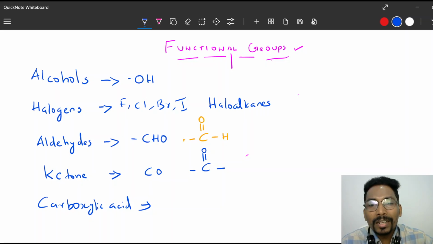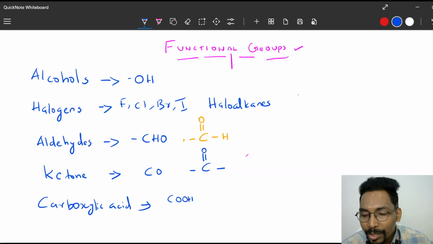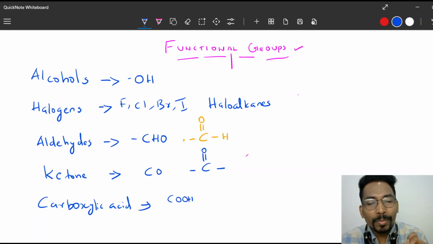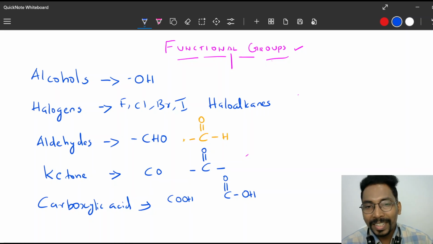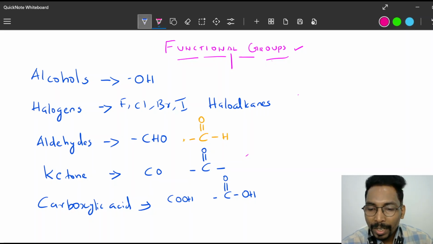But we have another class of acids called organic acids or carboxylic acids, which contain a special functional group, that is COOH. Everything should be very clear, because there is a chance of confusion, as similar groups are coming in different functional groups. So this is C double bond O, then OH.